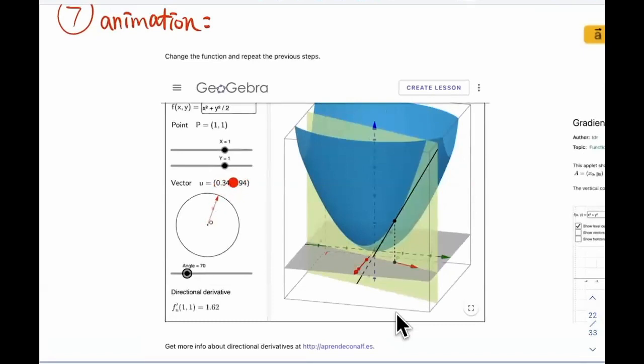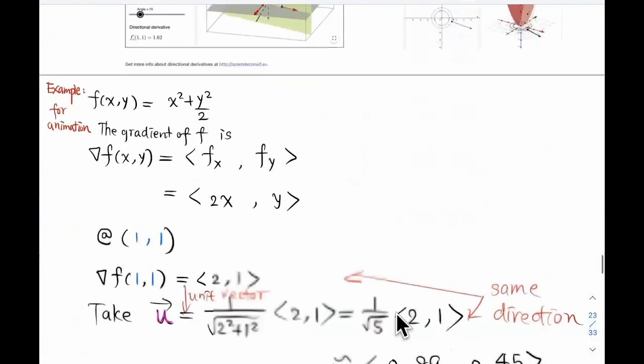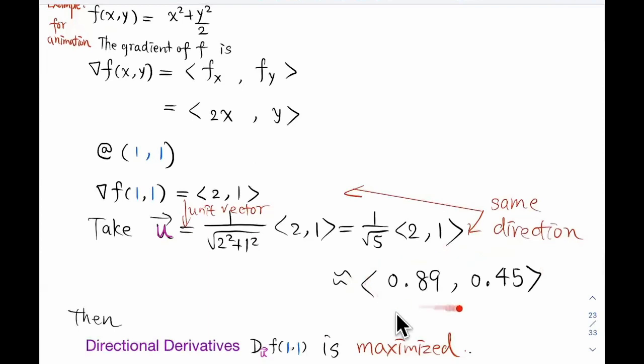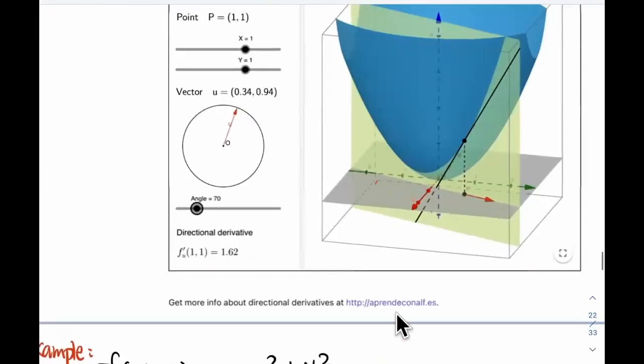You change the u. And when you change u to this vector over here, then you will see that the directional derivative down here is actually the maximum. And if you move away from that u, all those numbers will be less than that. Okay, so you can try to play around with that at home. Okay, so you can try the animation.